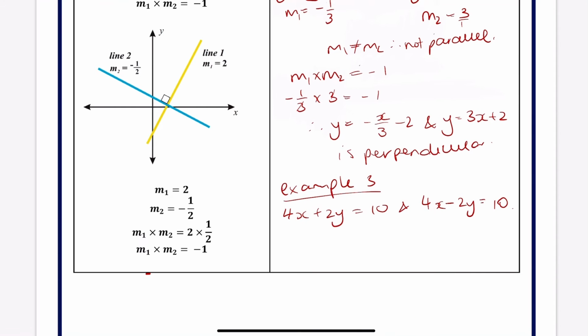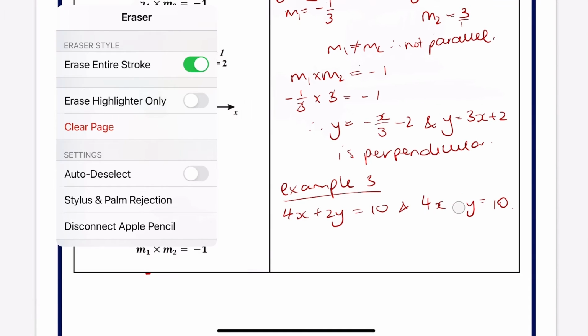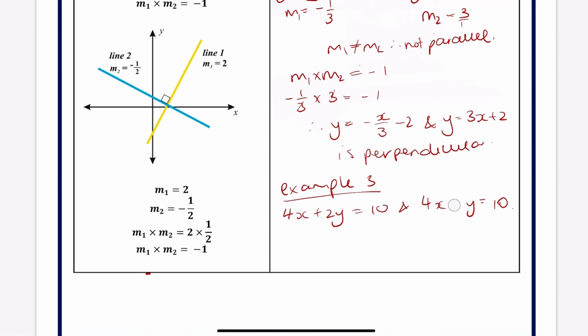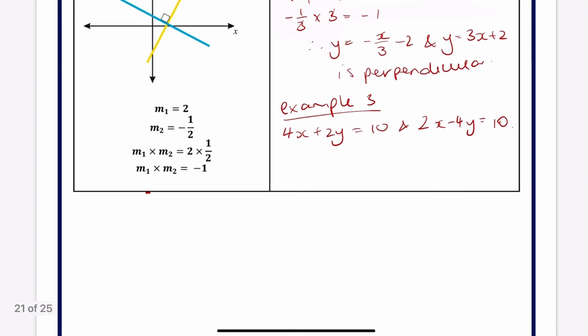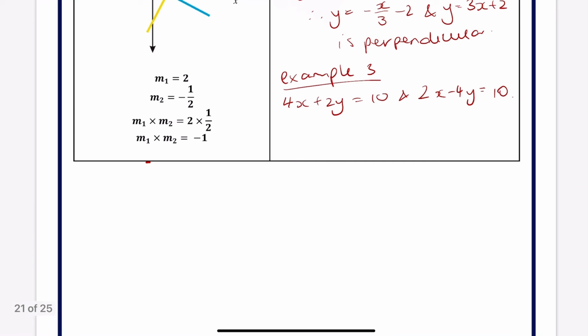Okay, actually, I'm going to swap these two around. Okay, so with these ones, these are in general form. So you're going to have to convert it to gradient intercept form first.